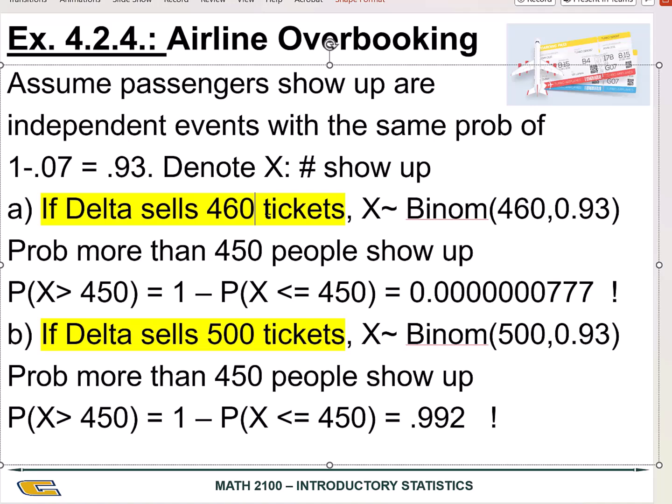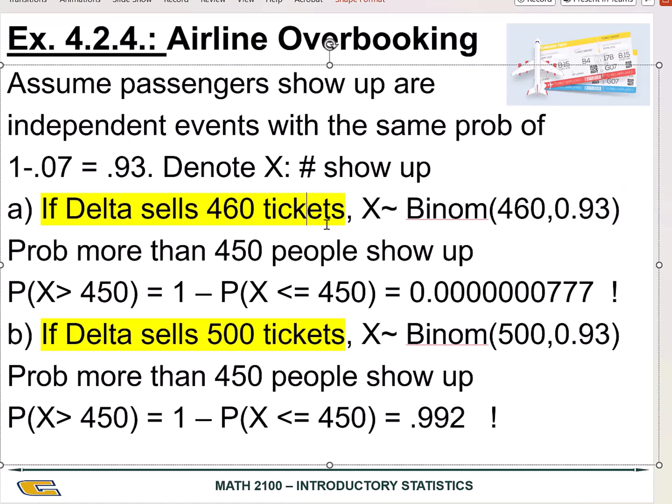So basically, if that's the case, then you can model the number of people who show up as following a binomial with 460 and 0.93, okay. So we have 460 independent trials, which is 460 tickets, right? And then the probability of showing up is 0.93, right?